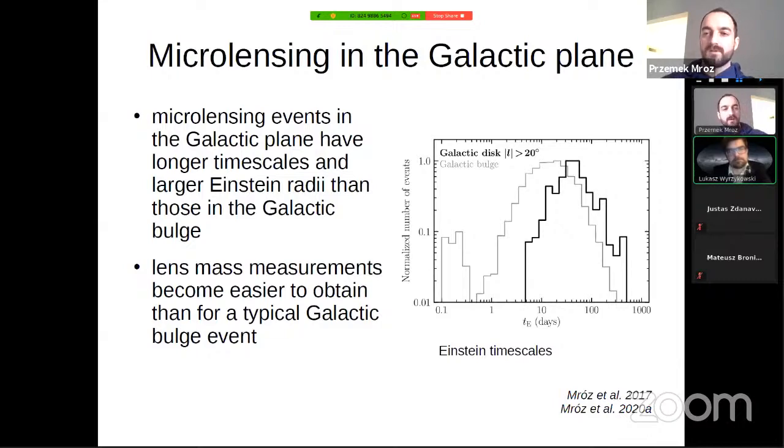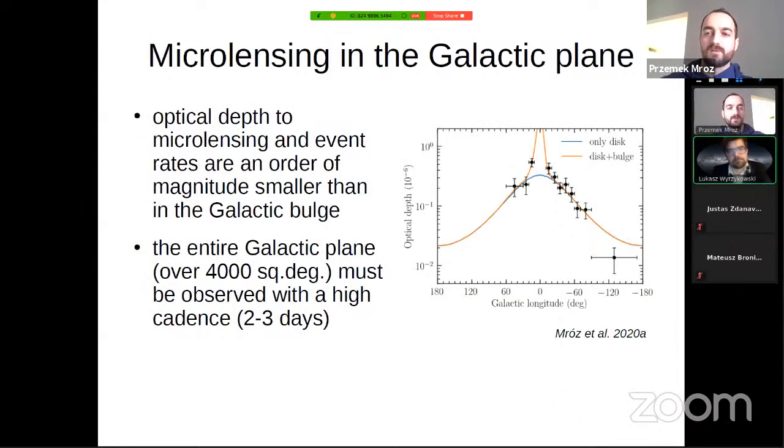However, there is one big caveat. As we move away from the galactic center, the probability of microlensing and also the event rates are decreasing exponentially. So if we want to observe a large number of microlensing events in the plane, we have to survey a large area of the sky, over 4,000 square degrees, at a very high cadence of about 2-3 days.